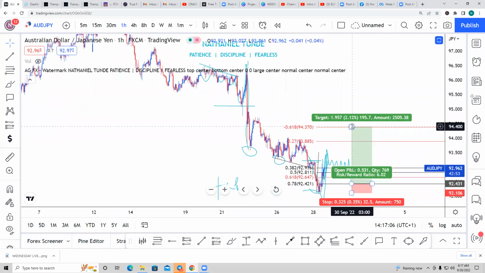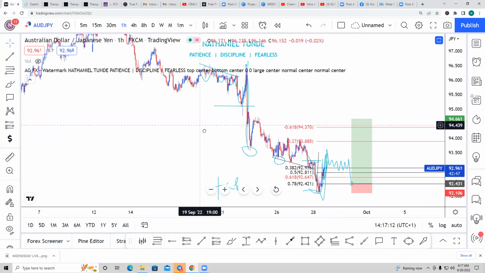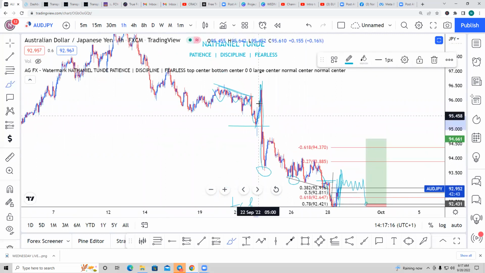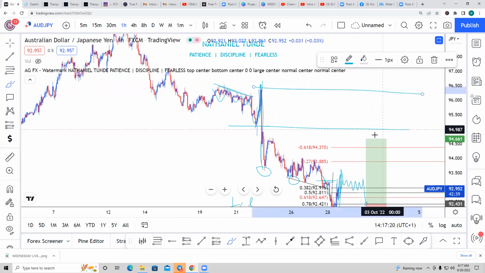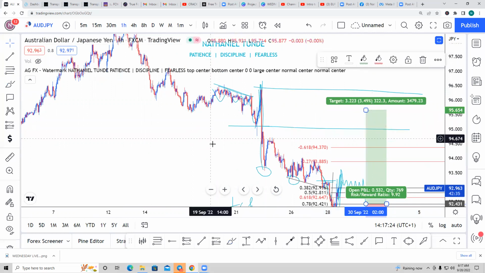So all we are looking forward to here is for this market to correct to the upside. How you know where it will likely correct to is by looking at this other block, the last push to the upside before the breakdown. Project it forward. So we're expecting AUD JPY to come in between this level.